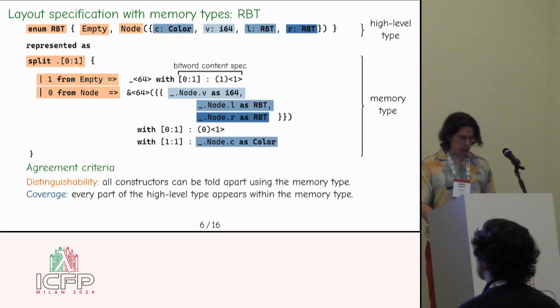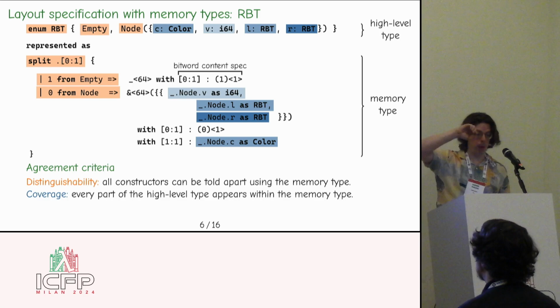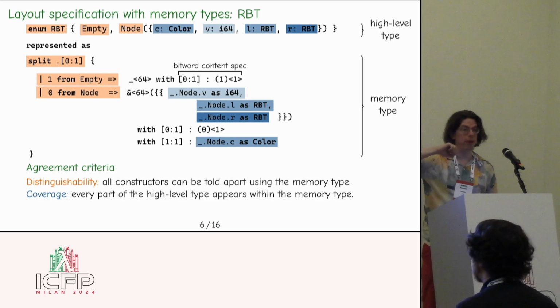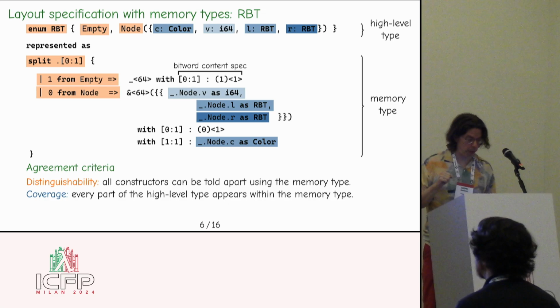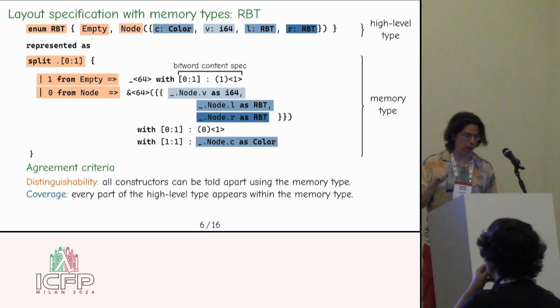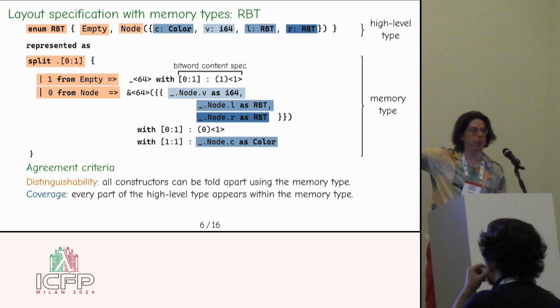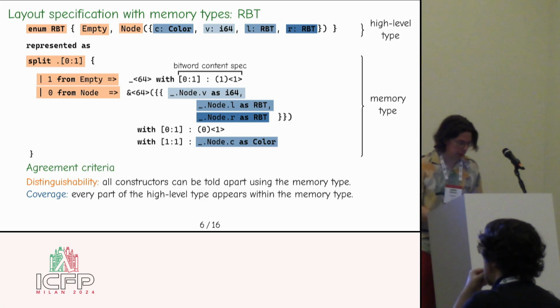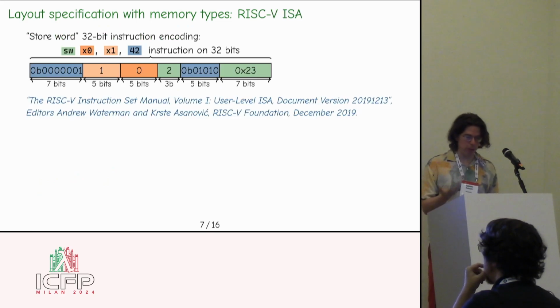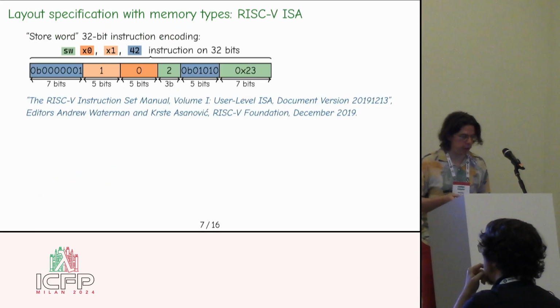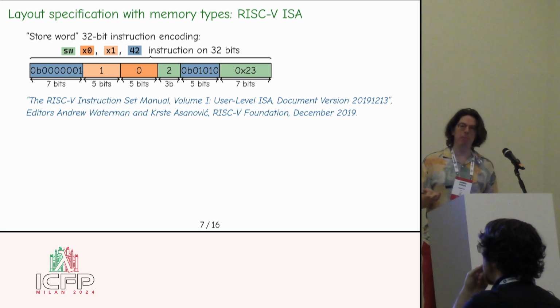Okay, now, if you were here last year for the previous talk, there is nothing new here. It was all there previously. Now I'm going to show you another example of representation, which might be slightly surprising in a way.